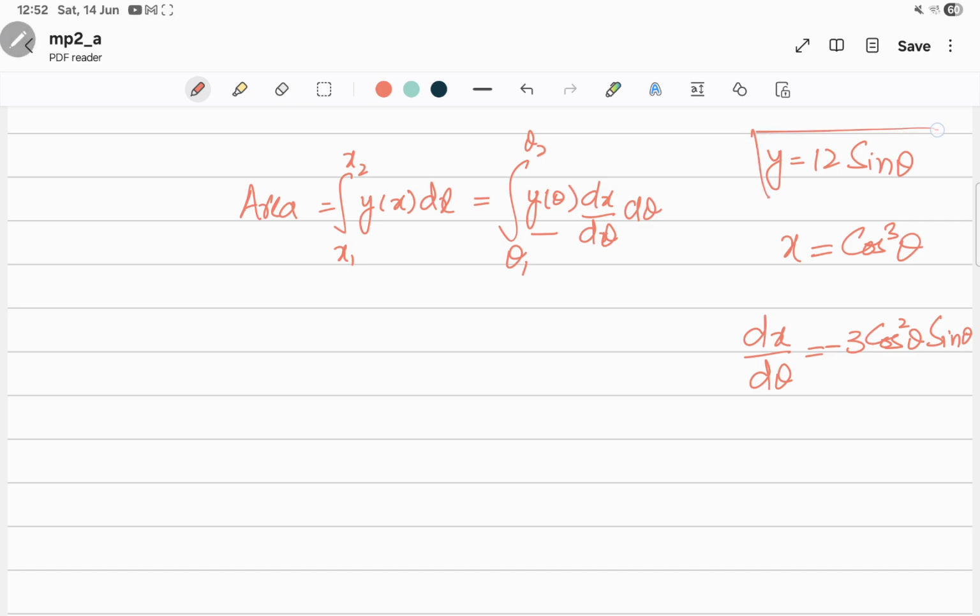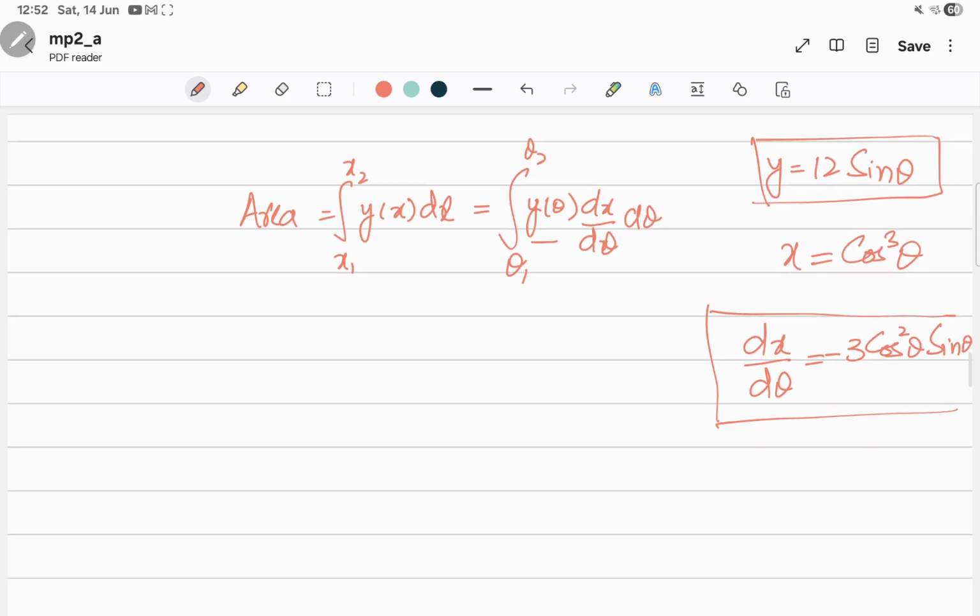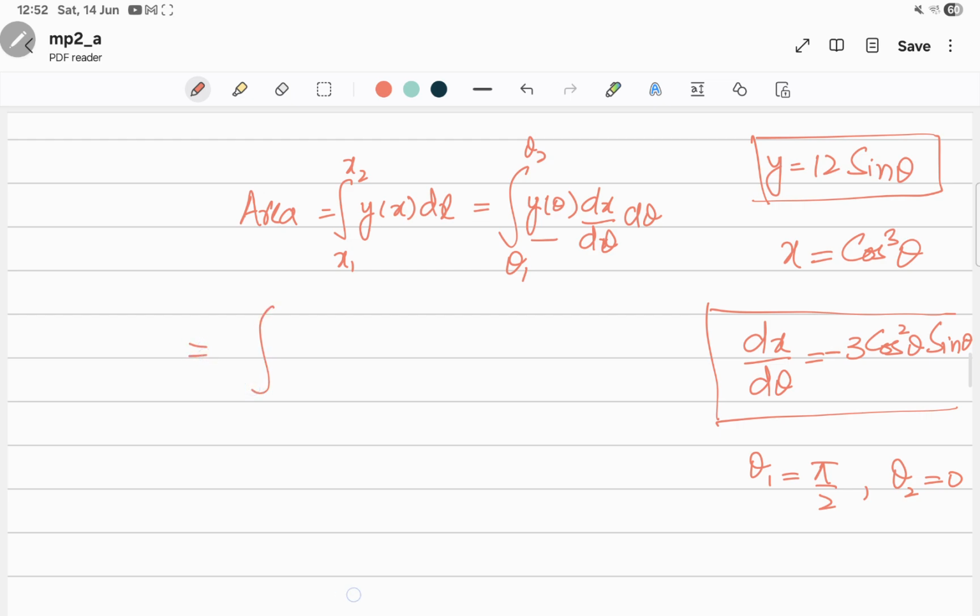So these two values we need to substitute into the integral, and we also have to put in the values of theta 1 and theta 2, because we have worked out already that theta 1 is pi by 2 and theta 2 is 0. If we substitute these values over here, theta 1 is pi by 2, theta 2 is 0, the value of y is 12 sine theta, and the value of dx over d theta is minus 3 cos square theta sine theta d theta.